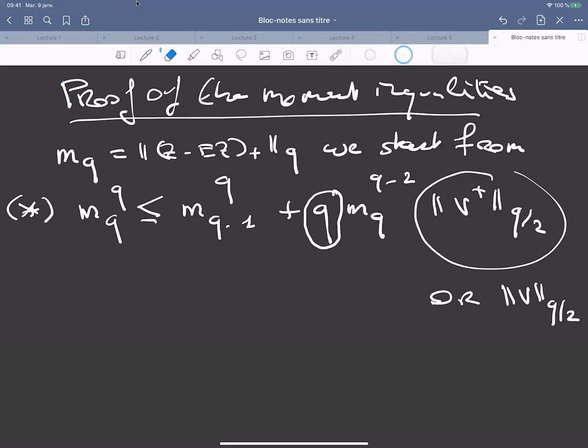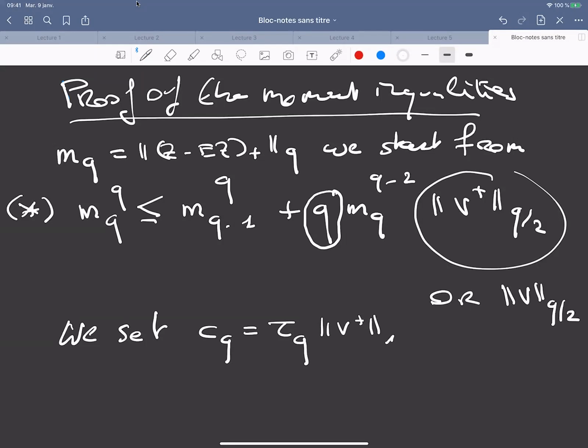And we set CQ equal to tau q times v plus 1 sup q over 2. It looks strange here because in the statement q is larger than 2, but for the induction we need to start between 1 and 2, as I will explain in a moment.